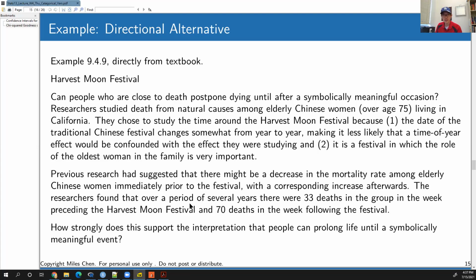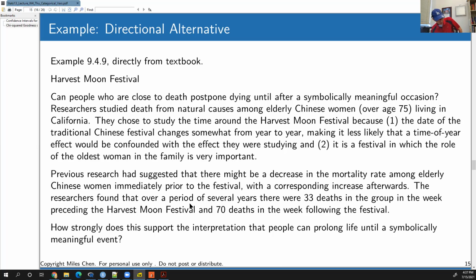Let's check this out. This is an example from the textbook, and I thought the experiment was quite clever, and the findings were quite interesting. So I'm going to read this straight from the textbook.